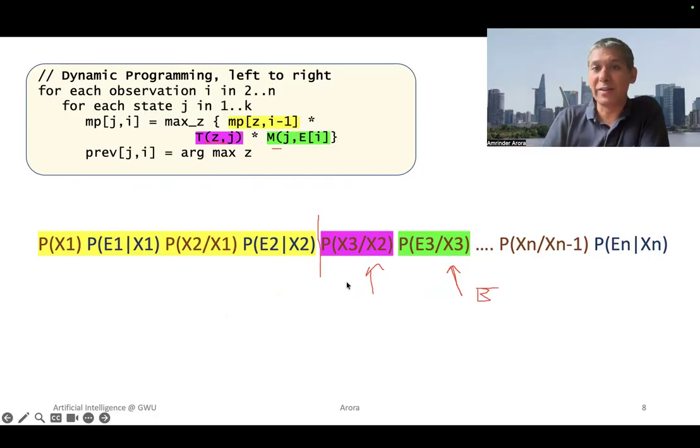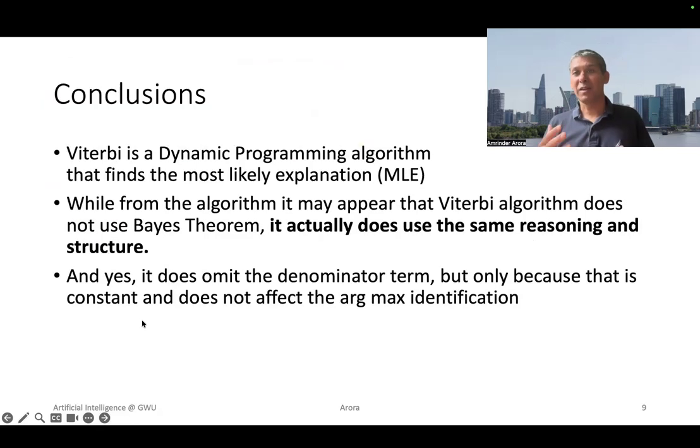So this is basically the reason that it appears we're not using Bayes theorem, but we pretty much are. We just got rid of the denominator because the denominator was a common term here. So again, the Viterbi algorithm very much uses Bayes theorem.